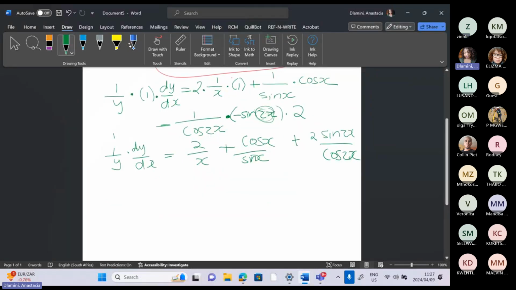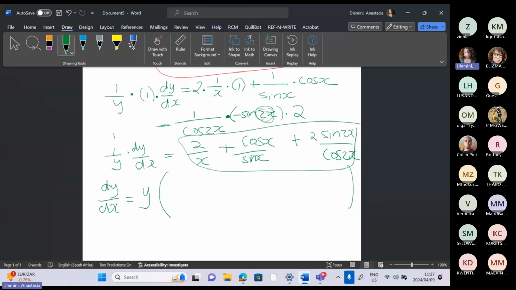So we multiply by y on both sides. So this is dy over dx equals y. Be careful. You multiply the entire thing. So this is 2 over x plus, we know that cos over sine x is cot of x, plus this is 2 tan 2x.